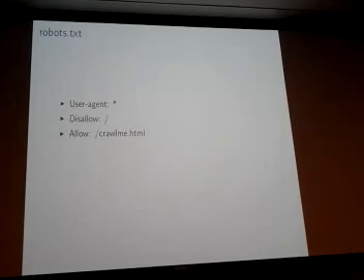There's another way that websites like to talk to bots. They like to tell them what they may and may not crawl. There's a file, robots.txt, that sits in the root of many websites, and it says things like, if your user agent is anything, I'm going to disallow you from crawling anything, except for this one thing, crawlme.html. It's defined at robots.txt.org as a standard.